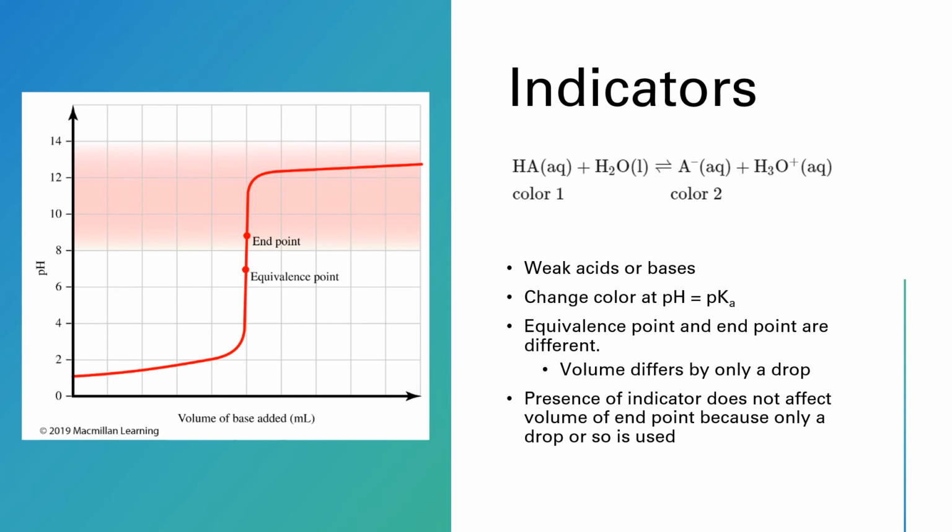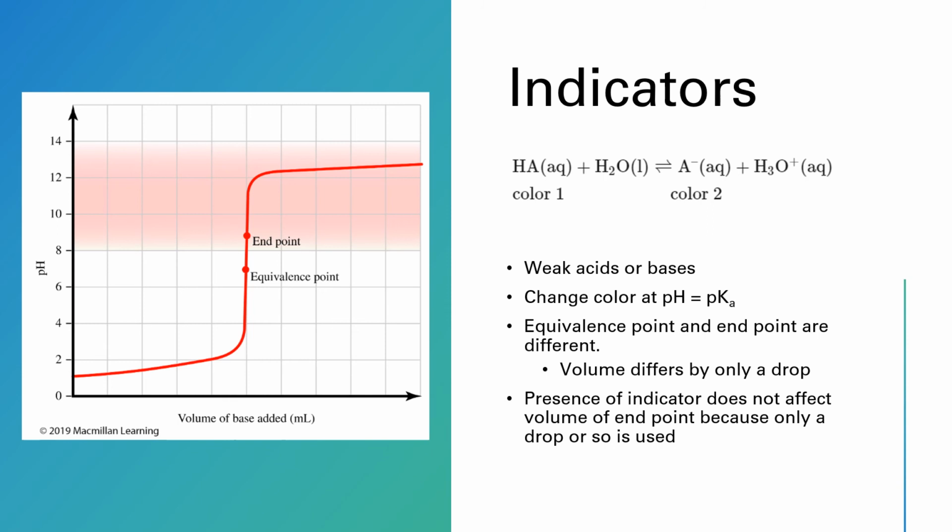So typically for something like a strong acid, strong base titration, we'll use phenolphthalein. It changes at a pH that's just a little bit past 7. Having that color change be just a hair past your equivalence point means that your endpoint and your equivalence point will not quite be the same.